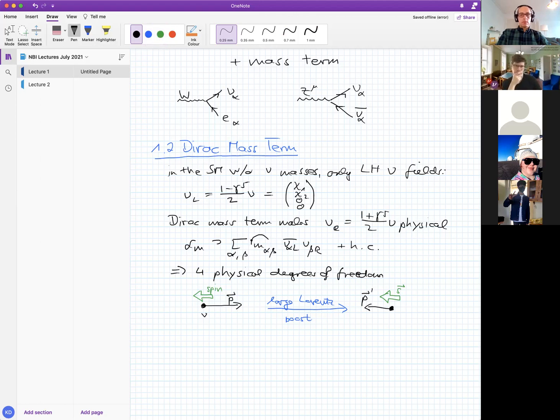So let me write this down here. This is a Yukawa coupling Y alpha beta times the wave of the Higgs field.